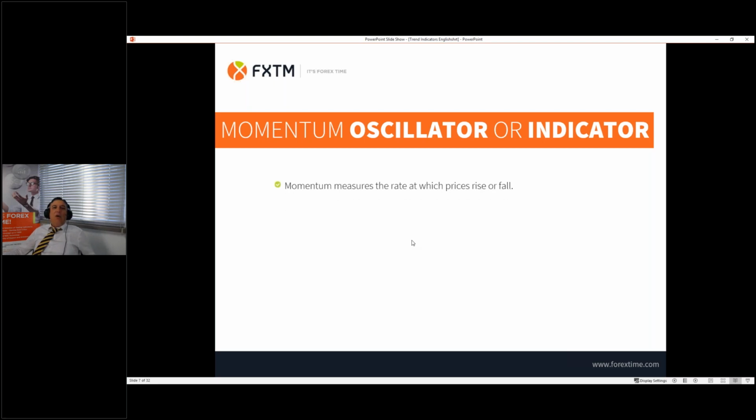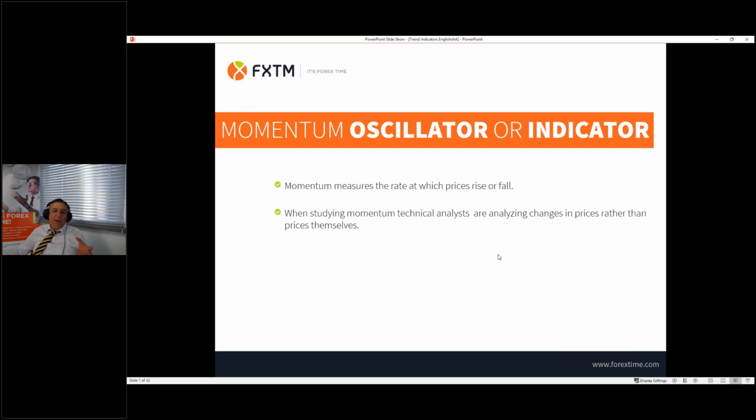All right, so what is momentum? Momentum measures the rate at which prices rise or fall. We analyze the change in price rather than the price itself.